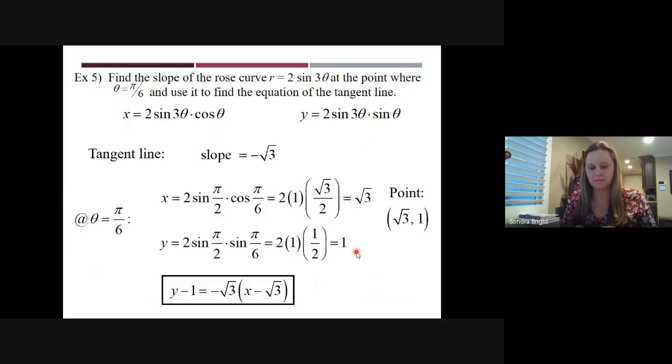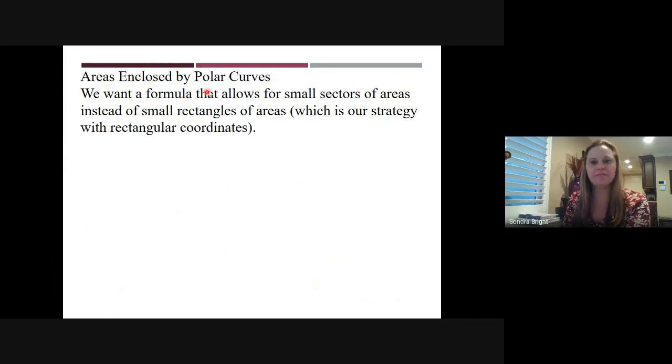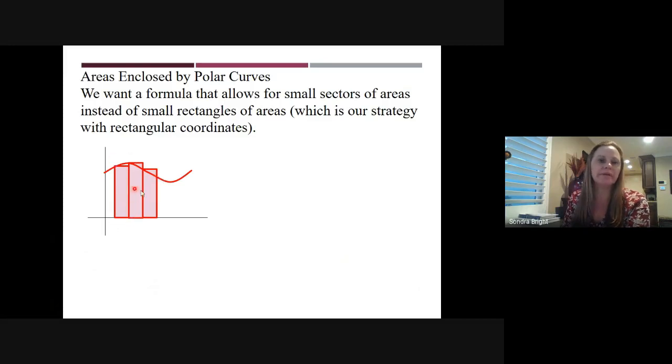All right, there's that. And then we go and find area enclosed by polar curves. All right, so we want a formula that allows for small sectors of areas instead of small rectangles of areas. You know, when we were in rectangular form, right?